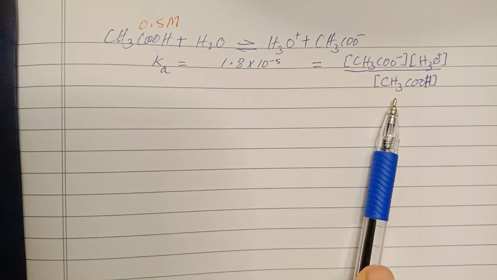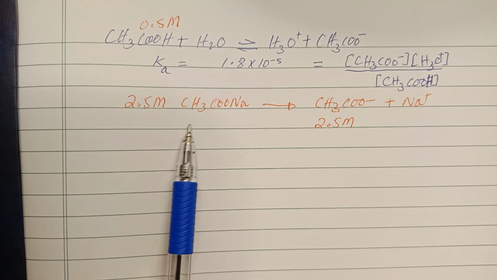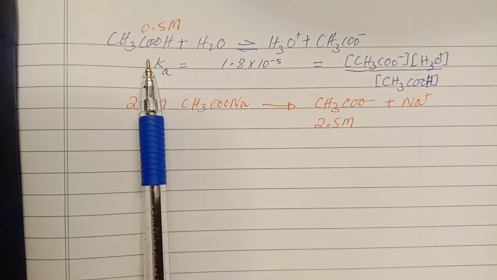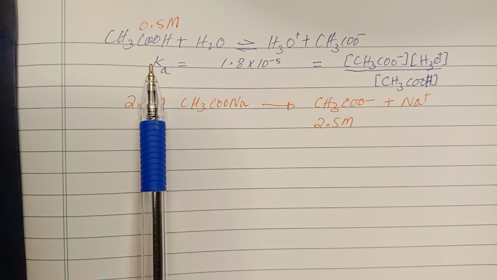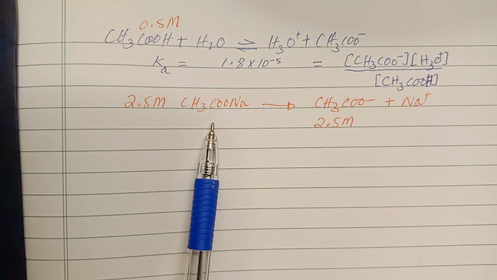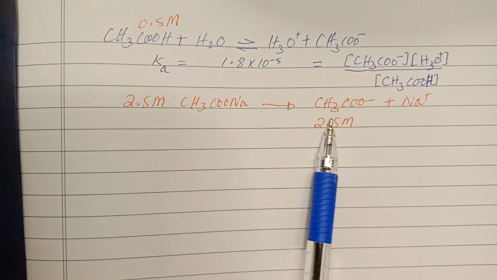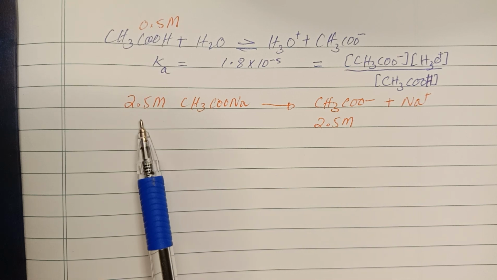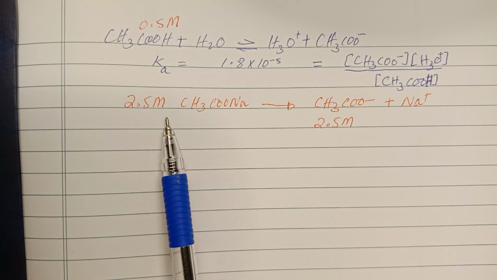undissociated species. Now let's consider 2.5 molar sodium acetate is mixed with the solution of 0.5 molar acetic acid. As sodium acetate is a strong electrolyte which ionizes completely to acetate and sodium ion, the concentration of the sodium acetate added was 2.5 molar.